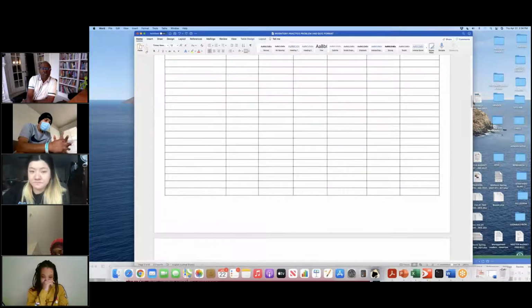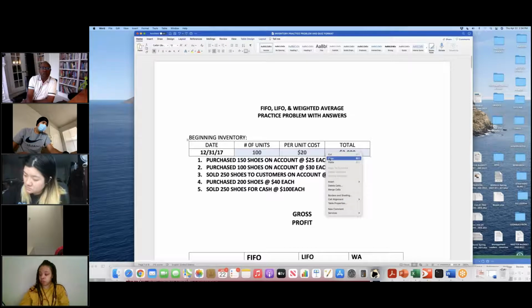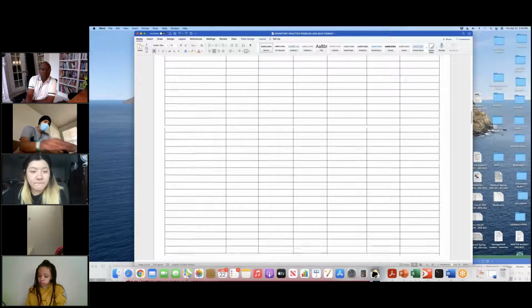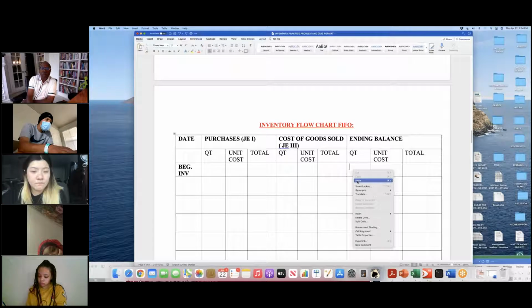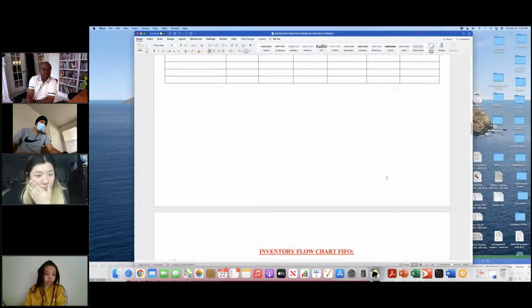Let me go up here again, see if it will allow us to put it in. Okay, so we got it in now, 100 units at 20. We don't have to worry about making a journal entry for the beginning inventory.